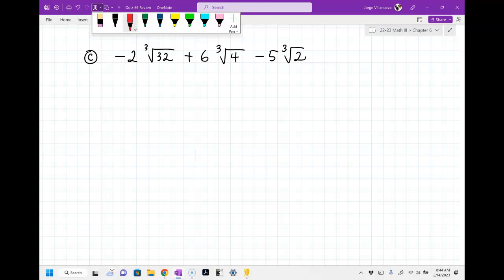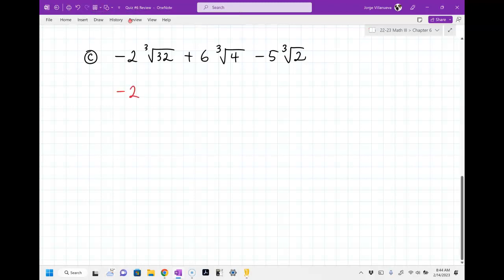So this is going to be negative 2 cubed root of, and now I have to think, I know I can break 32 down into 16 times 2, and 16 has a nice square root, but I'm not doing square roots, I'm doing cubed roots. There is no cubed root of 16, but 8 has a cubed root, right? Cube root of 8 is 2, and 8 times 4 is 32. So I can break this down to 8 times 4.